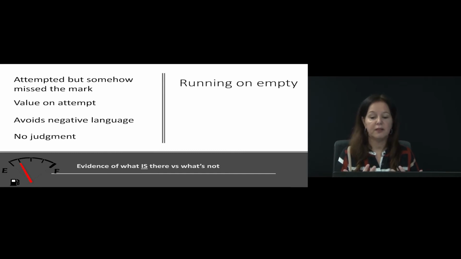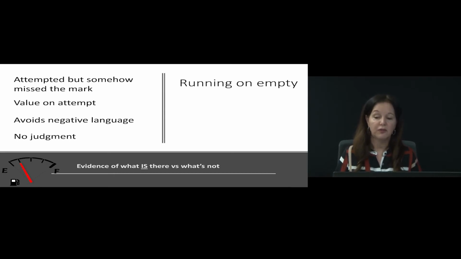So to me, there's always value in that attempt and what they have produced. The idea here is to concentrate on what they have given you. What is the value of where they are now? In some of the research that I read for today's presentation, it is important that you convey that in your rubric, so your language is on the positive side, even though they didn't hit the mark completely.